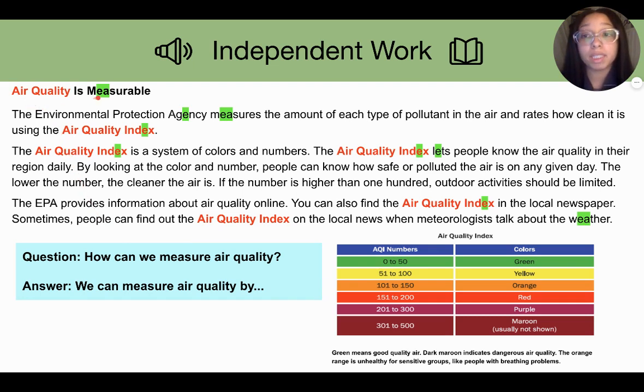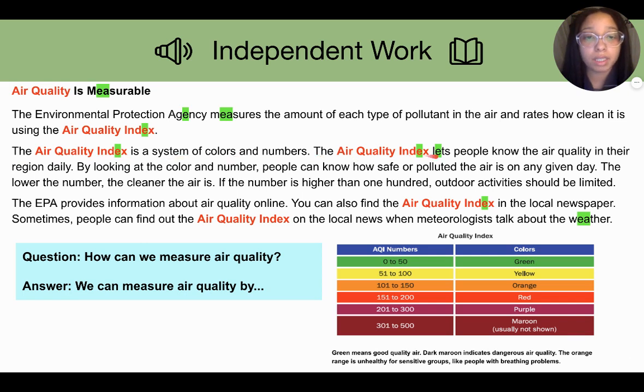Air quality is measurable. The Environmental Protection Agency measures the amount of each type of pollutant in the air and rates how clean it is using the Air Quality Index. The Air Quality Index is a system of colors and numbers.